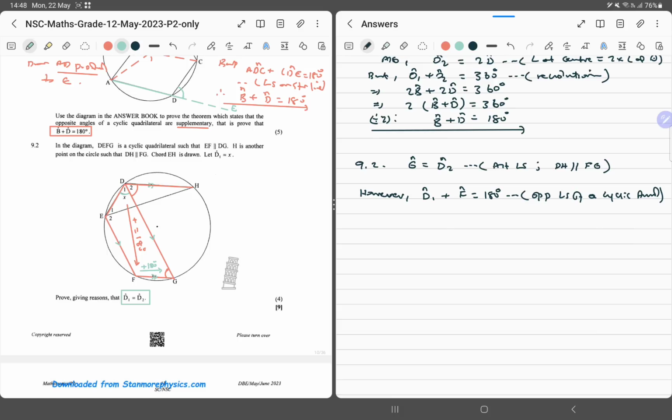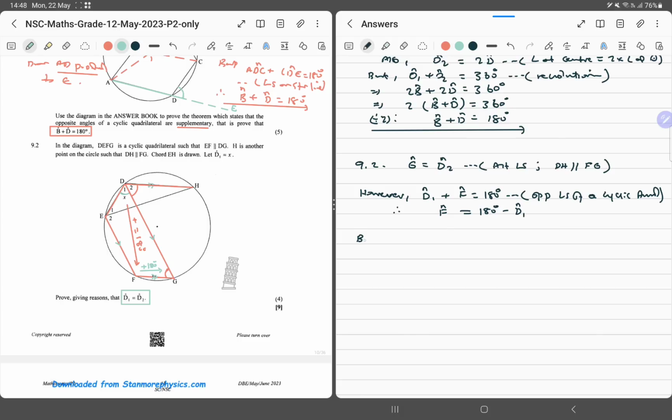You can even name it if you want. All we want is to express F in terms of the other one. Therefore, angle F is equal to 180 degrees minus angle D1. Just leave it at that. We wanted to isolate this.